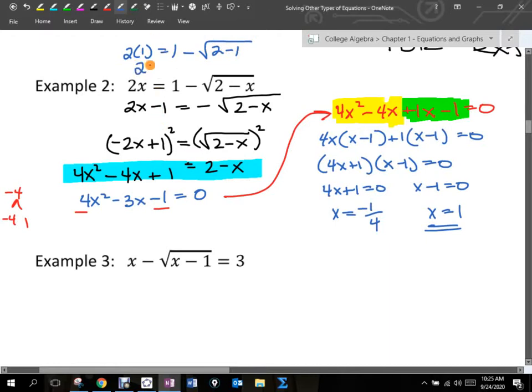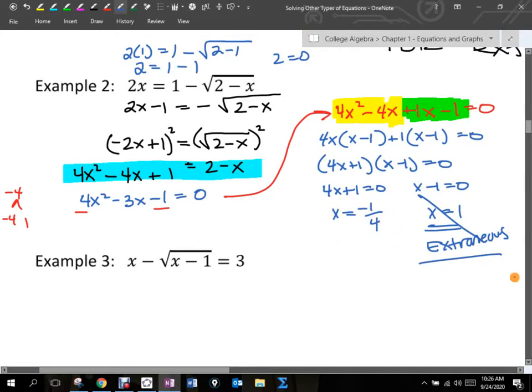So that's 2 equals 1 minus root 1, which is just 1, right? Does 2 equal 1 minus 1? Does 2 equal 0? No. That's an extraneous solution.